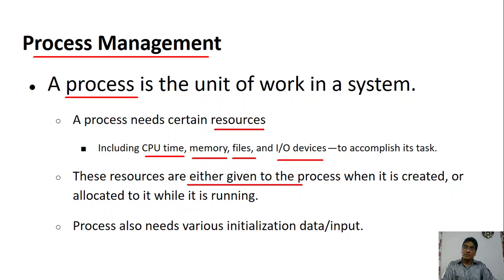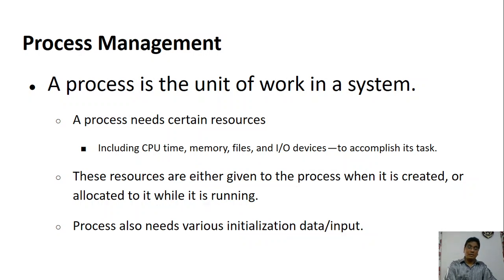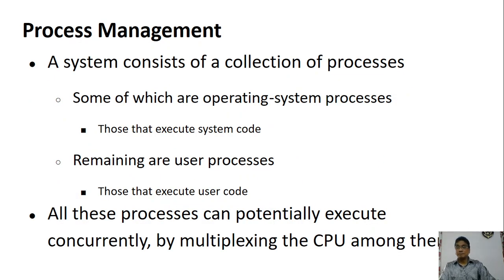It may give them when the program starts, or when the process is created, or when they are really required. When you say that you want to print, the operating system may provide you access to the printer, otherwise it may not. Apart from this, your program may also require some initialization data or input output, which is also given to your program by the operating system.